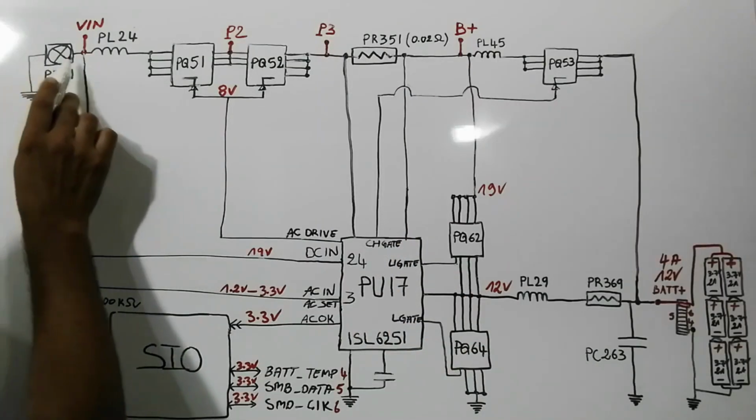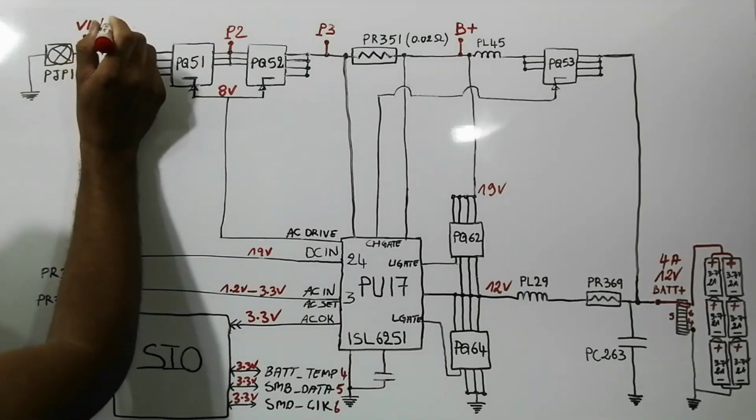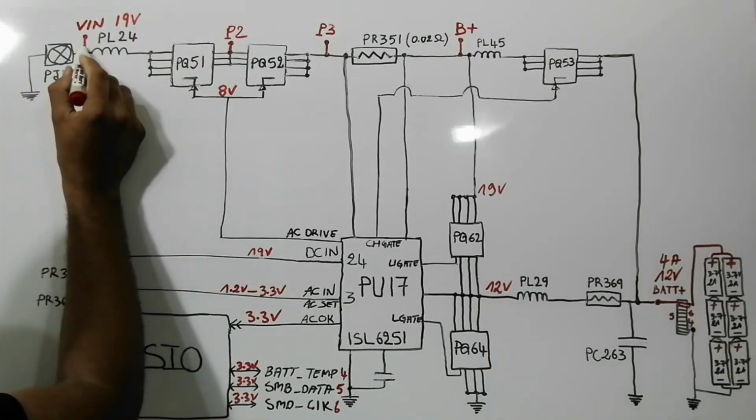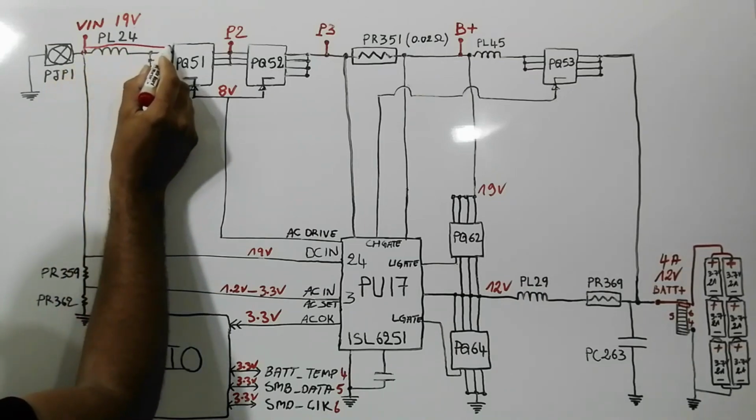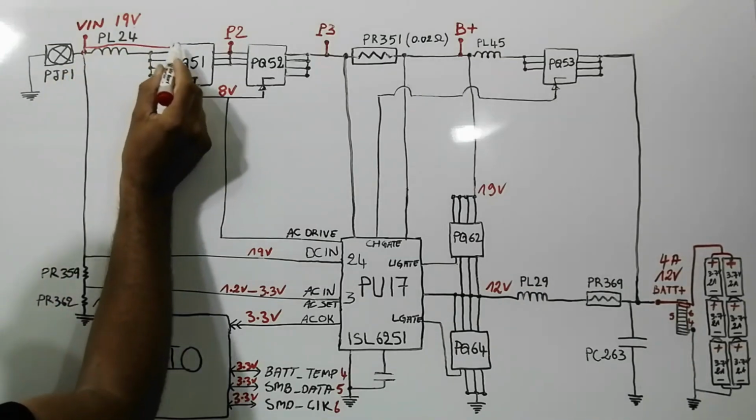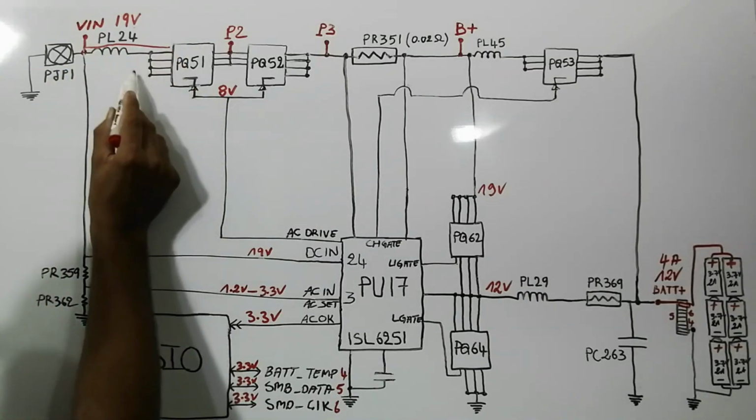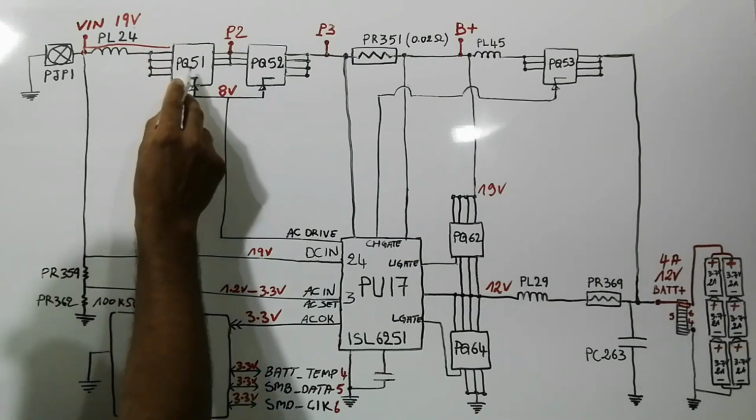First of all, we have the Vin. Vin equals 19 volts. The Vin will pass through this inductor and it will be present here in the drain of this MOSFET, PQ51.